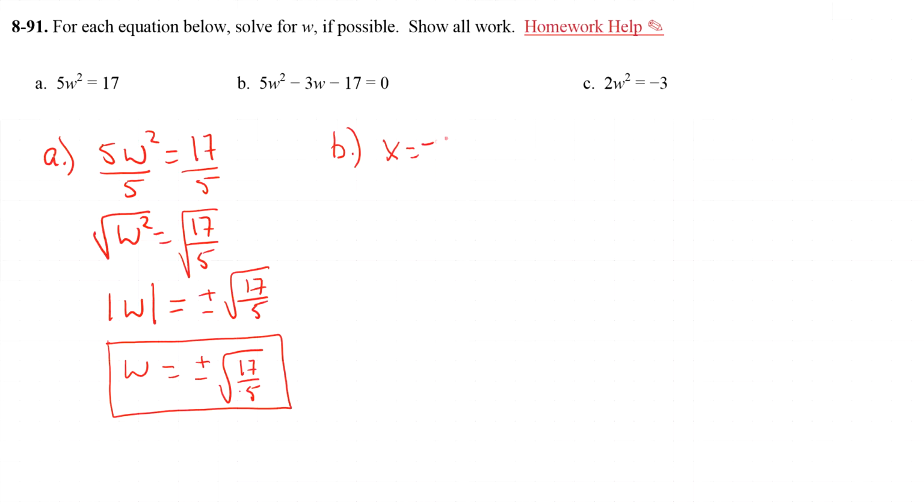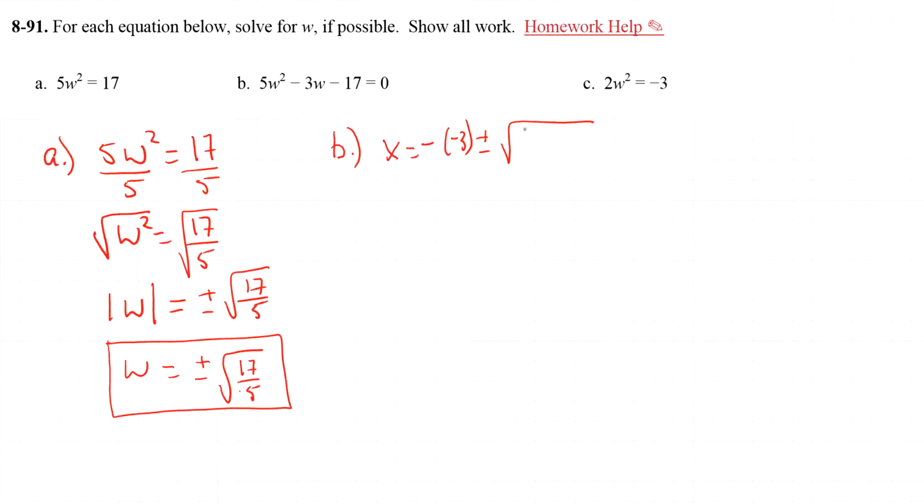X equals negative 3 plus or minus the square root of 4 times 5 times negative, oh, I forgot something here, big mistake.